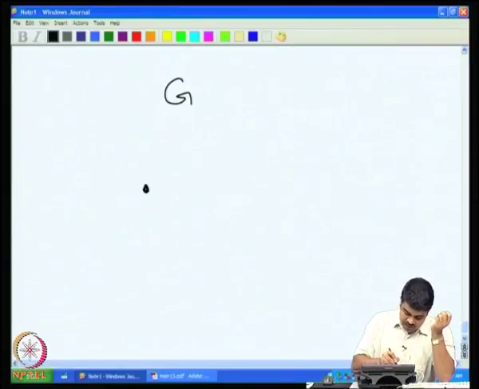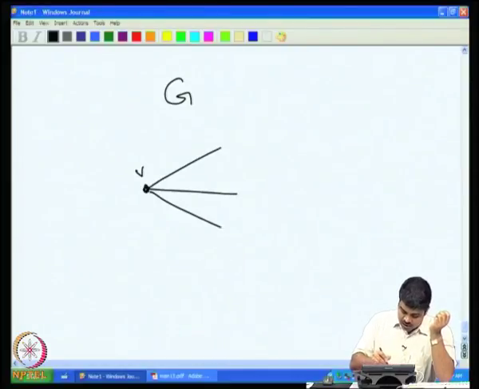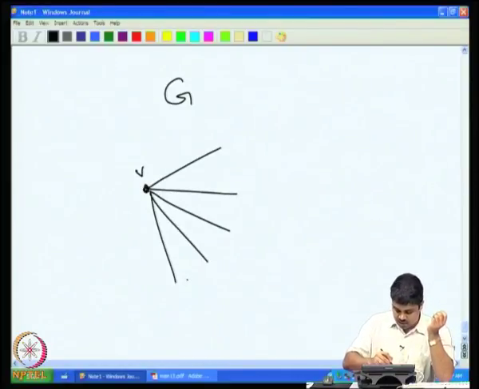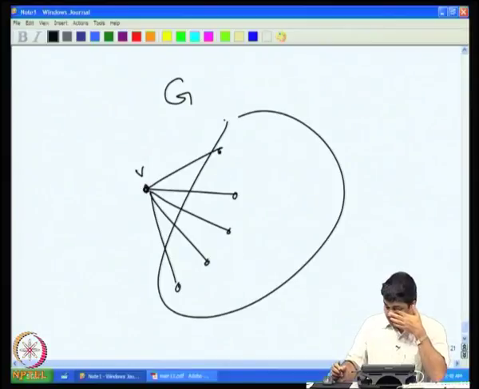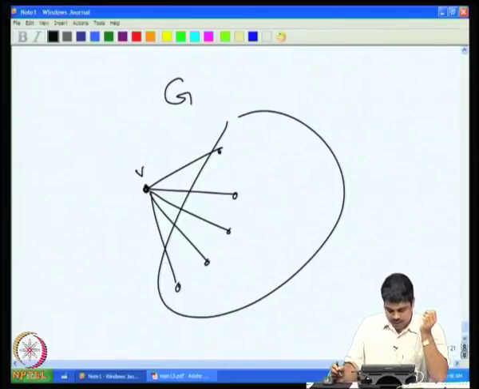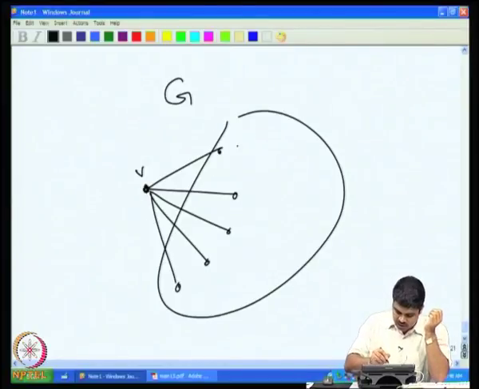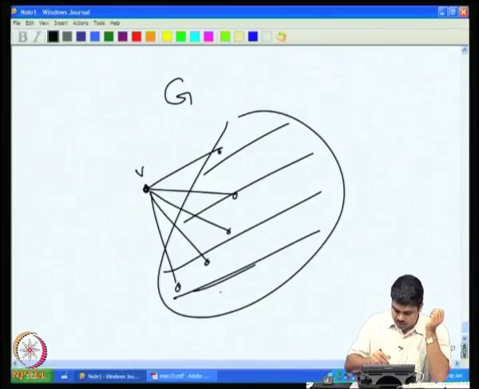Now we remove a vertex. So this vertex V has delta neighbors here, and of course there is a coloring of this here. So now is it possible that this is a complete graph here? This is a complete graph.